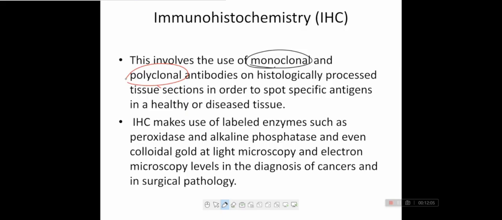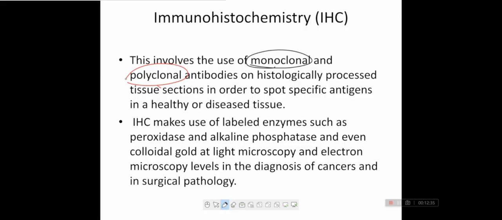If we isolate only one type of antibody and clone that, that is known as a monoclonal antibody. And for polyclonal, the name is clear. Poly means more than one type of antibody, so they are polyclonal antibodies. So in immunohistochemistry, monoclonal and polyclonal antibodies are used.